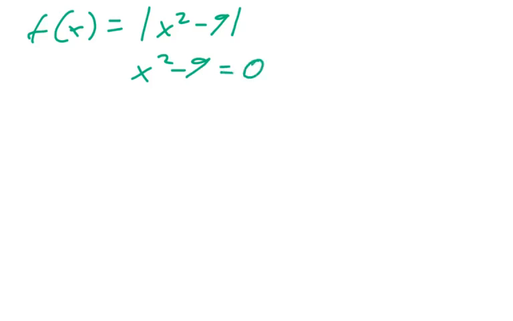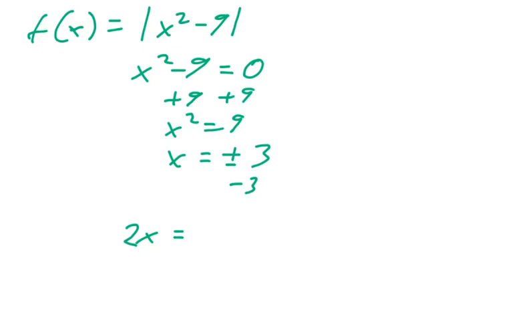So when I plug in 2x minus 9 equals 0, I get x squared equals 9, x equals plus or minus 3, but in my interval, negative 3 is the only one that matters. And when I take the derivative of the inside, we get 2x is equal to 0, divided by 2, and x is equal to 0. So the only critical point that's in my interval is negative 3.